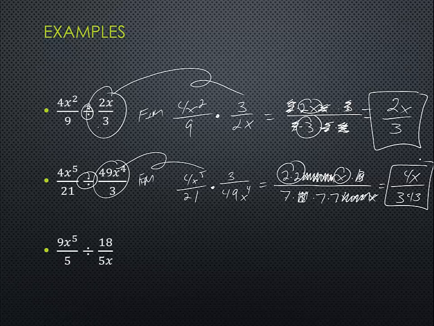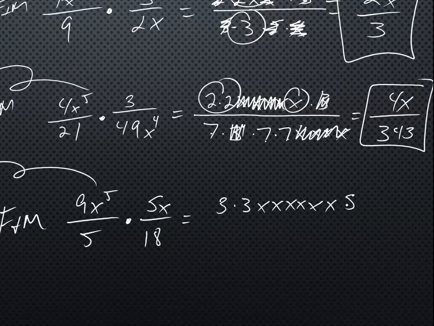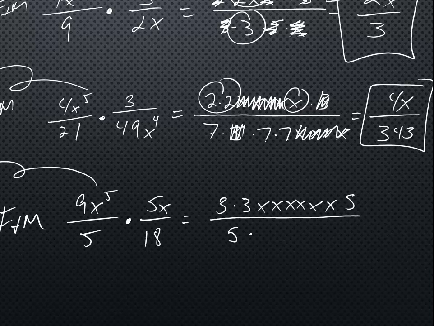Last one. We have a divide sign. So flip and multiply. So we'll have 9x to the 5 divided by 5 times 5x over 18. Then simplify or factor. So 9 is going to be 3 times 3. 5 x's, another x, and then your 5 over 5 is 5. 18 is going to be 3 times 3 times 2.